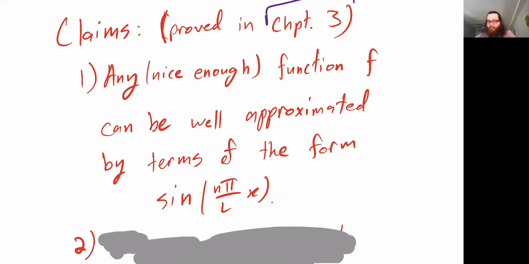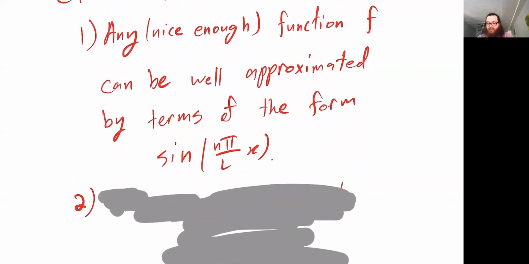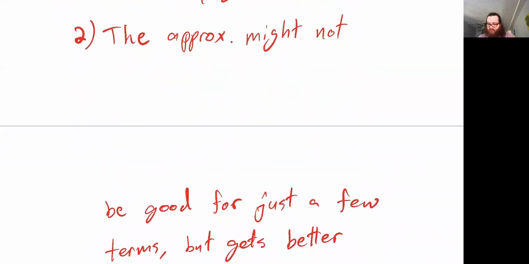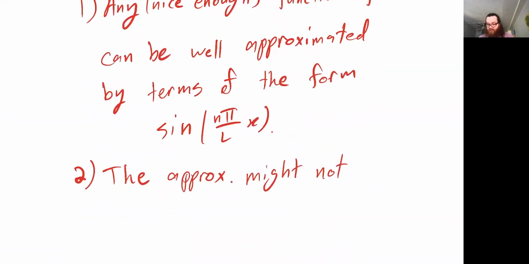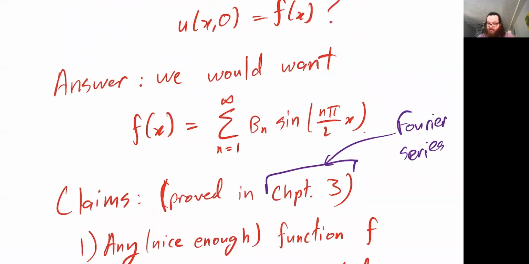can be well approximated by these sine functions. We may not actually get the exact function f, but we'll get pretty close with respect to some notion of distance. The second claim is that the approximation might not be good for just a few of these terms.